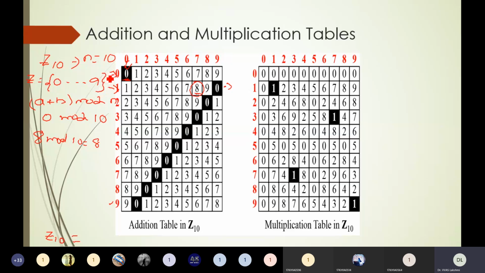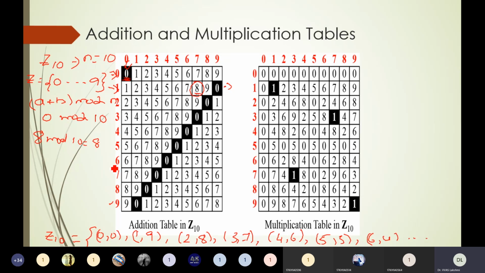Here 0 and 0, the 0th row and 0th column. So one pair is 0, 0 and another pair is 1, 9. Then 2, 8. Then 3, 7. 4, 6. 5, 5. 6, 4. And so on.